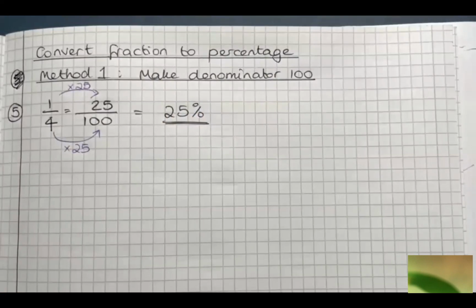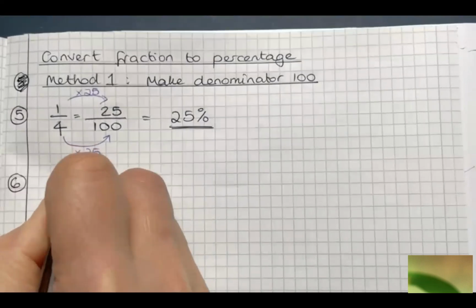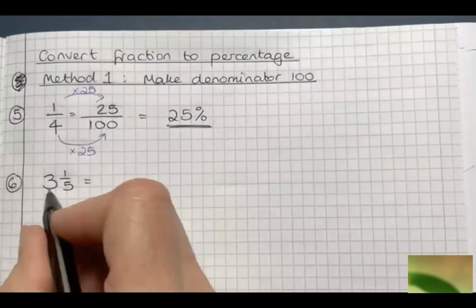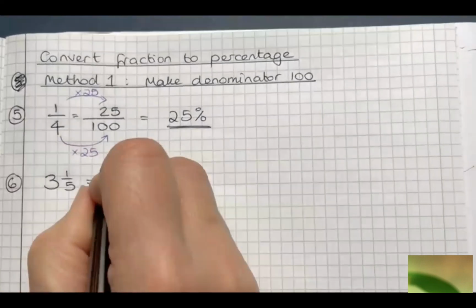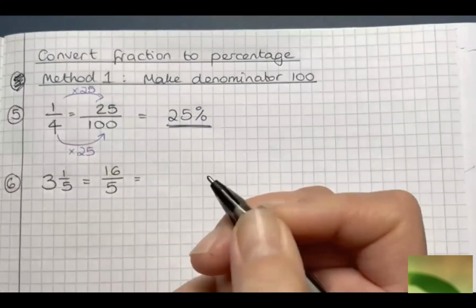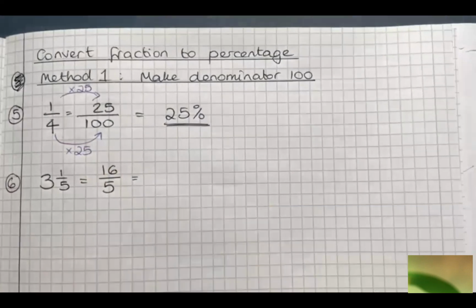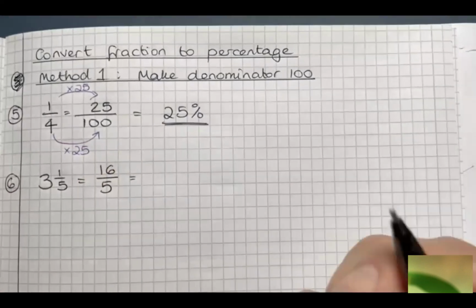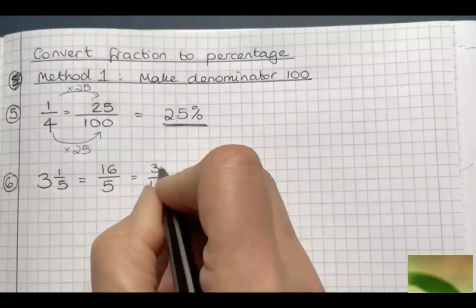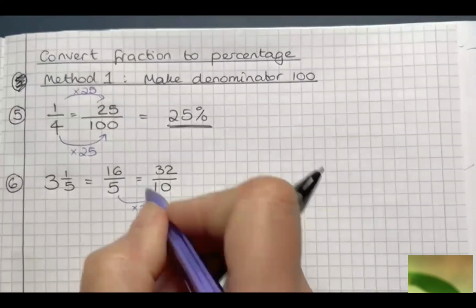I'm going to do a mixed number example. I've got 3 and 1/5. I'm going to turn it into an improper fraction. Now 3 multiplied by 5 is 15 plus 1 gives me 16 over 5. Now I need to use my equivalent fractions. I need to get from 5 to 100. Maybe I could just go straight in there and multiply by 20, but let's double it first to perhaps make it a little bit clearer and get 10 as my denominator.